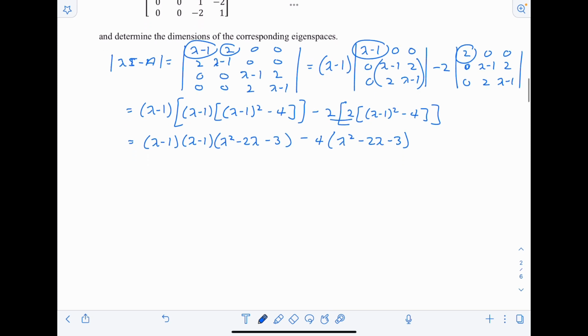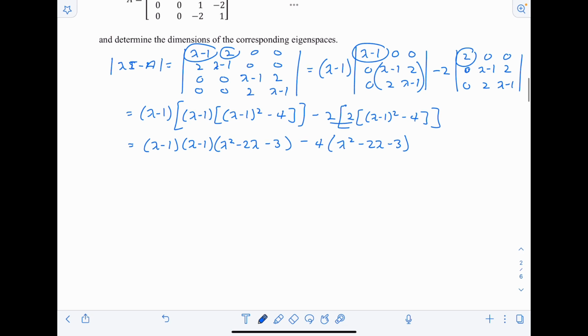Okay. So if we factor out, notice we've got these two are the same. So I'm going to factor those out and write lambda squared minus 2 lambda minus 3. And then what I have left is this piece and the minus 4. And I'm actually going to multiply that out right away. So I've got lambda squared minus 2 lambda plus 1 minus 4, which is minus 3.